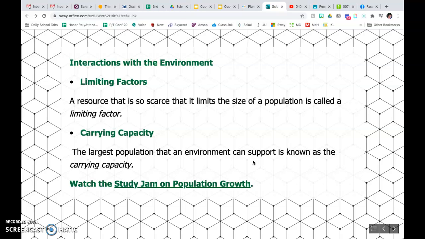So how much it can carry. Think about how much you could physically carry. So the carrying capacity is the largest amount of organisms that a particular environment can sustain, can support. You're going to come back and watch the study jam on population growth.